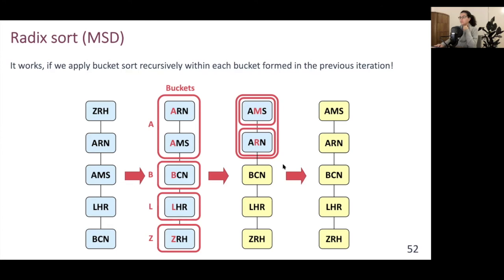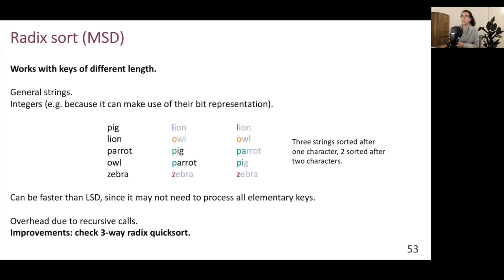This also leads to another important result, which is, as you can see here, some keys may become sorted even before we have processed all the elementary keys. MSD radix sort works with keys of different lengths, like general strings, while still working for integers because it can make use of their bit representation as well.